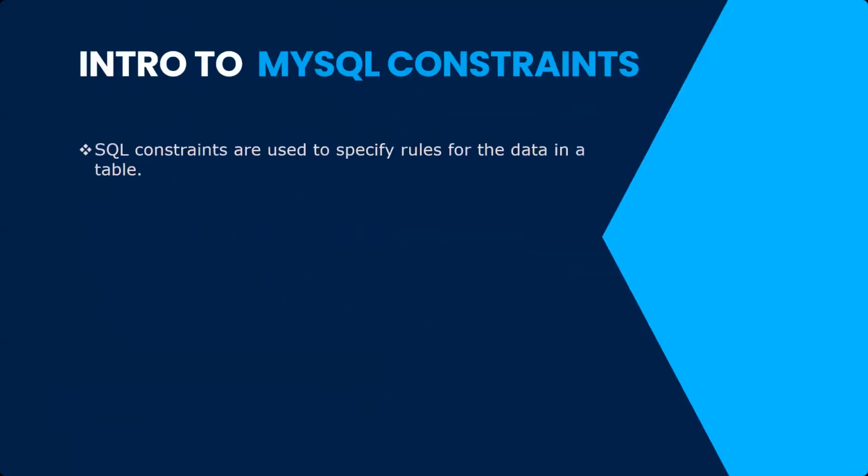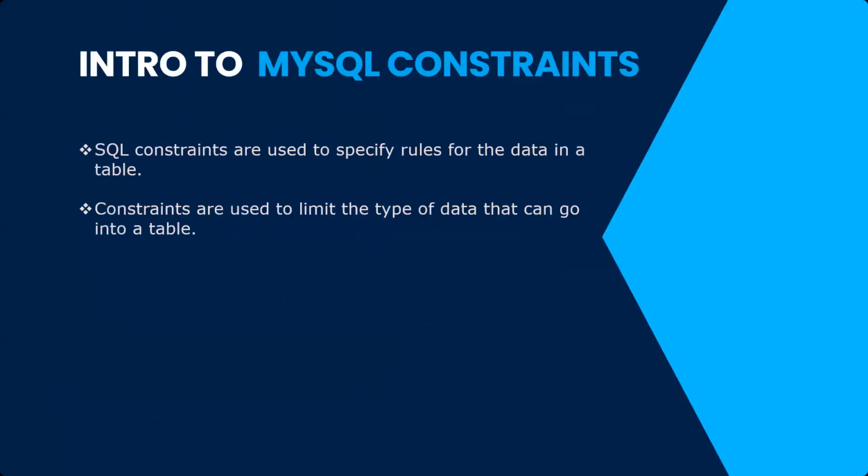In structured query language, constraints are nothing but conditions used to specify certain rules on top of the table, on top of each record. These constraints are used to limit the type of data that can go into the table.